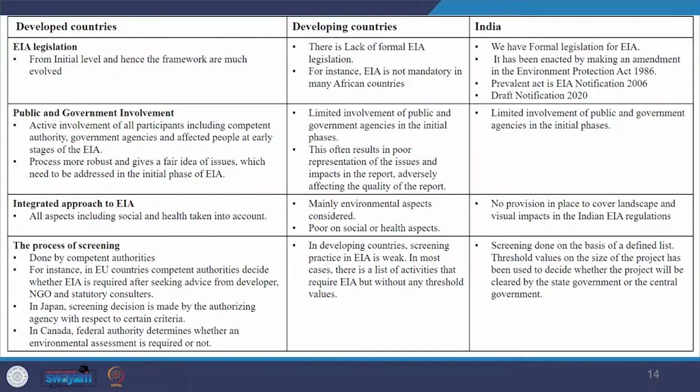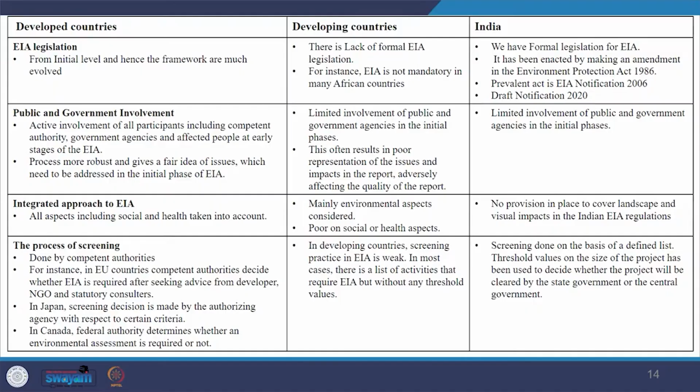When we look at India, we see that we have expanded a lot in many domains, such as socioeconomic impact assessments, but there are still limitations. For example, landscape and visual impacts have not yet been considered in the process.